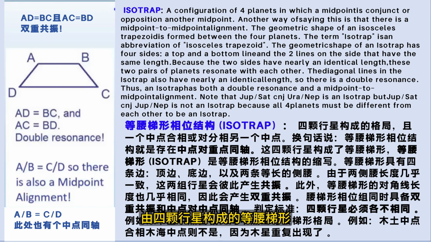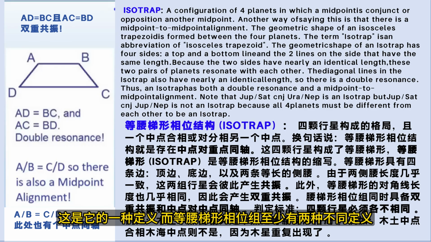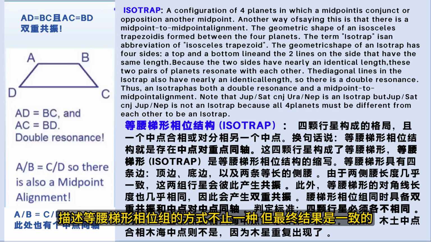An isotrap is a configuration of 4 planets in which a midpoint is conjunct or opposition to another midpoint. Okay, that's one definition of an isotrap. There are actually at least 2 different definitions of an isotrap. You can describe the isotrap in completely different ways and get the same result.